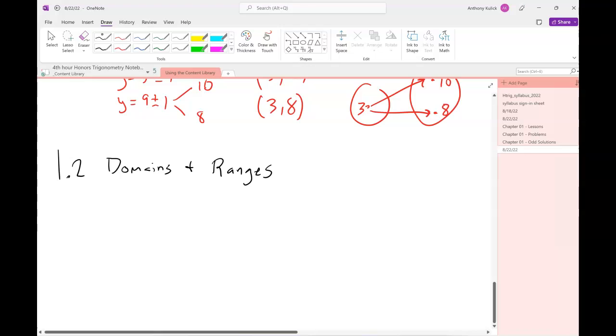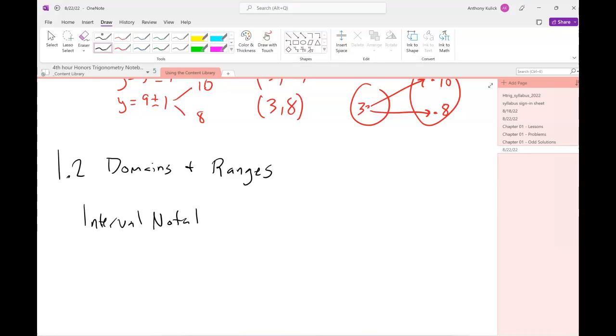All right. So 1-2 is going to be about domains and ranges. But before we talk about domains and ranges, we want to talk about interval notation. Okay. You guys used interval notation last year in your Algebra 2 class, right?